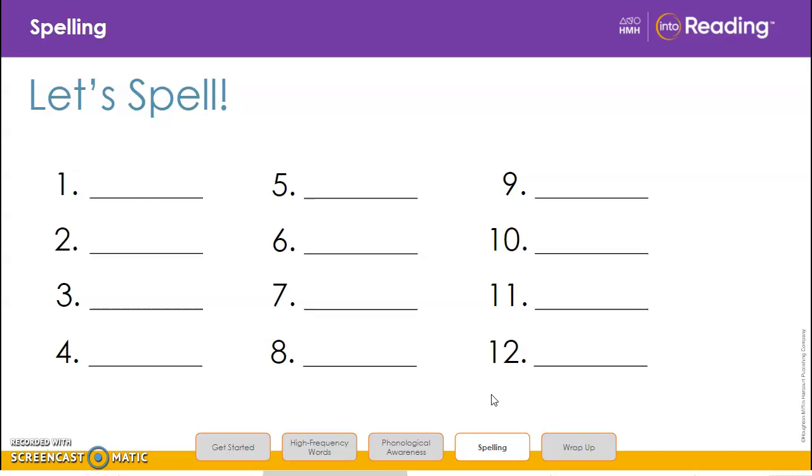Sit. Number 9 is pig. A pig is a farm animal. Pig. Number 10 is dig. Use a shovel to dig a hole. Dig.